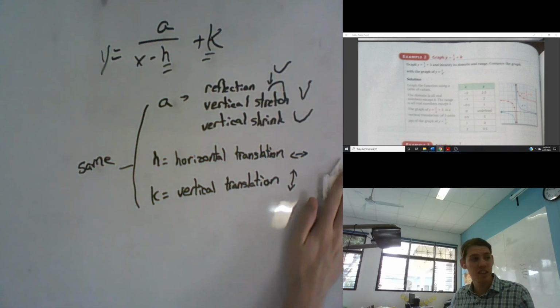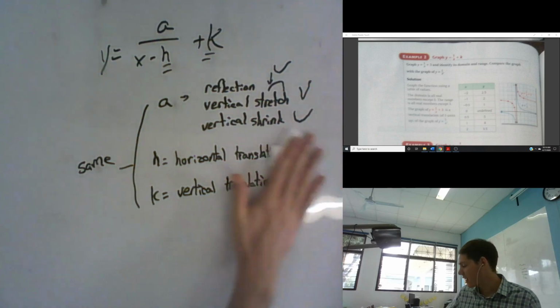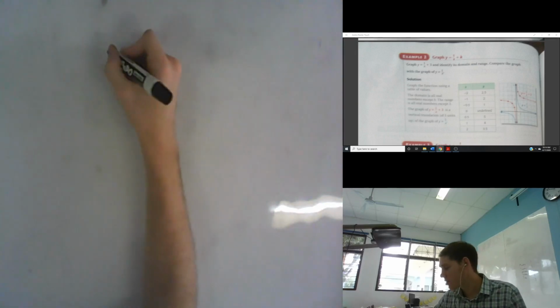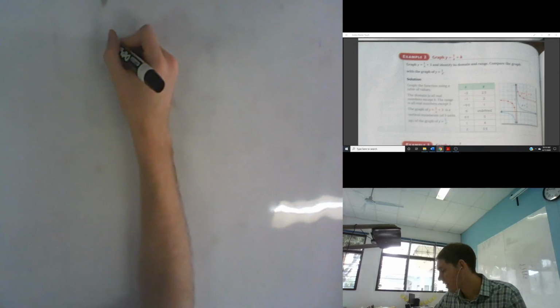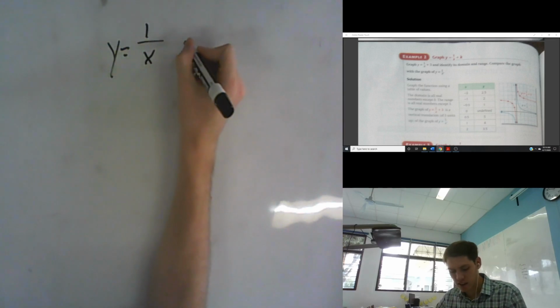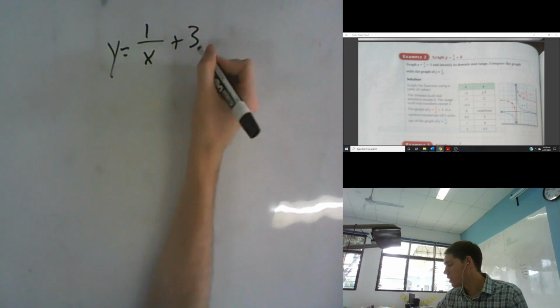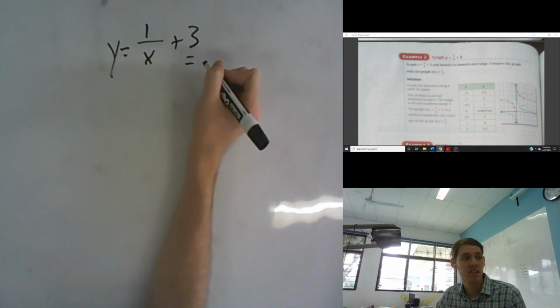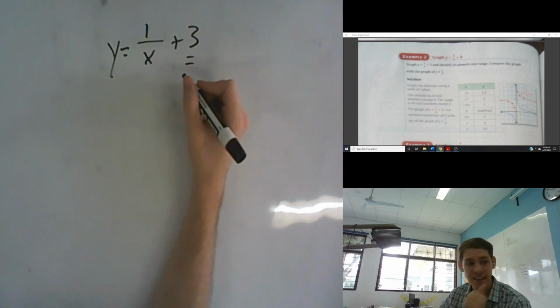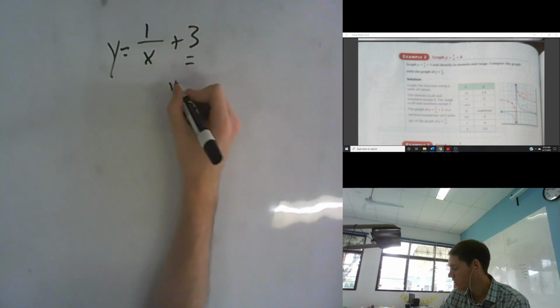If you ever need to pause and write it down, feel free to, or comment. Okay, y equals 1 over x plus 3. So this 3 right here is going to be a vertical translation.